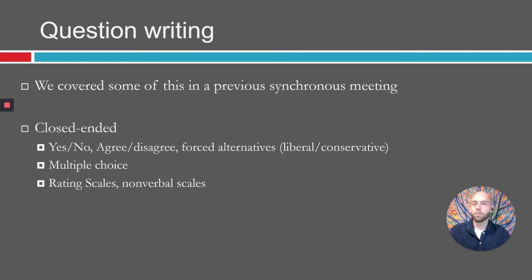It might be a multiple choice type of question, like maybe a survey about your education or racial or ethnic identification, something like that. Or you might have different types of rating scales or some kind of nonverbal measures where you only can point to something or circle or click something rather than just kind of free associating your answer.